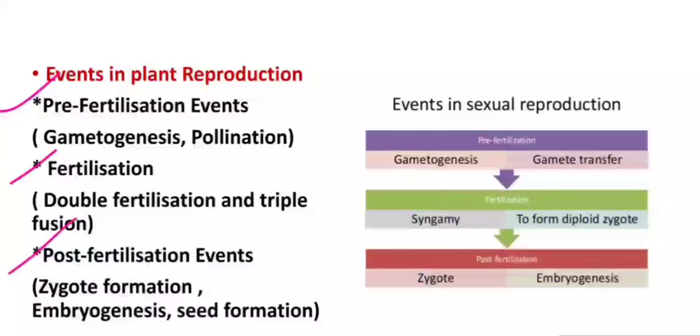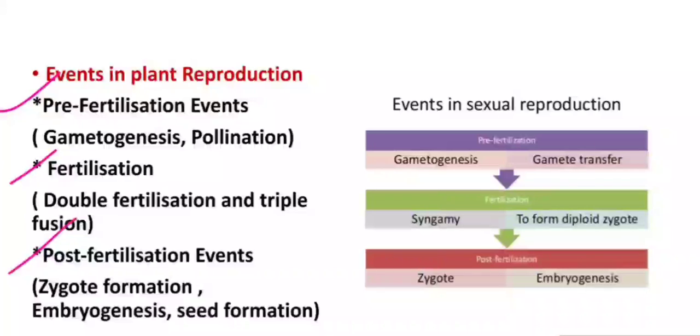And we have done this in part 1 of the video, in which megasporogenesis and microsporogenesis, the process of pollen grain formation and embryo sac formation, that is female gametophyte formation, were discussed. Then the various ways by which pollen grains get transferred from the anther to the stigma of the flower were also discussed there.